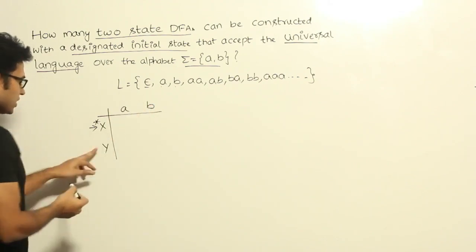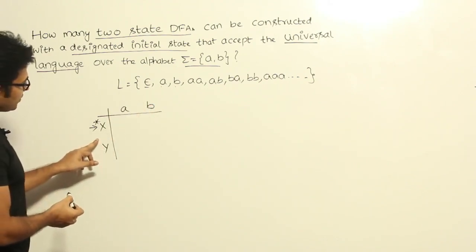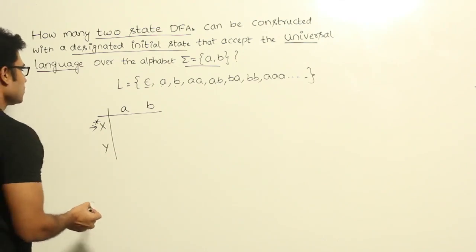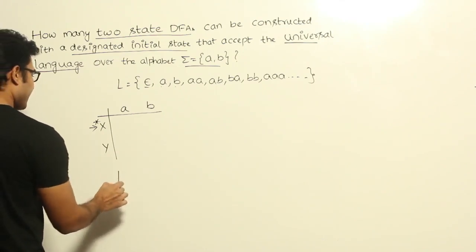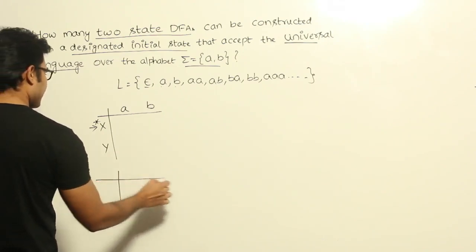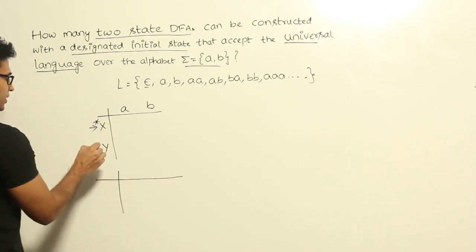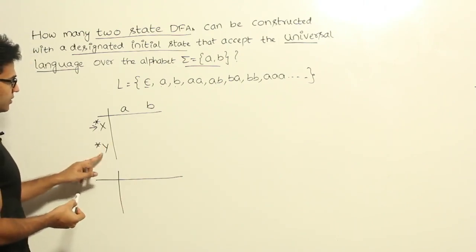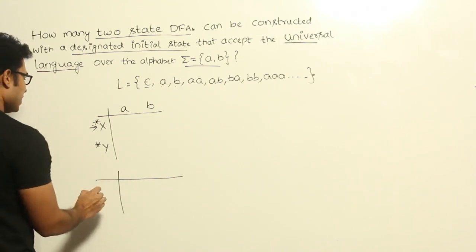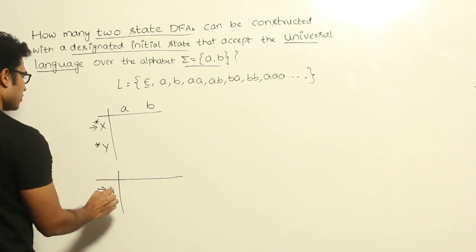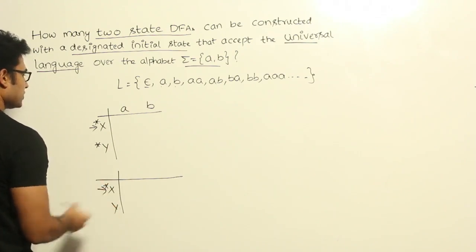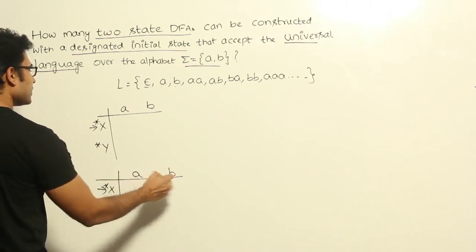Now coming to y, it can be a final state or it need not be a final state. So there are two types of structures we get.